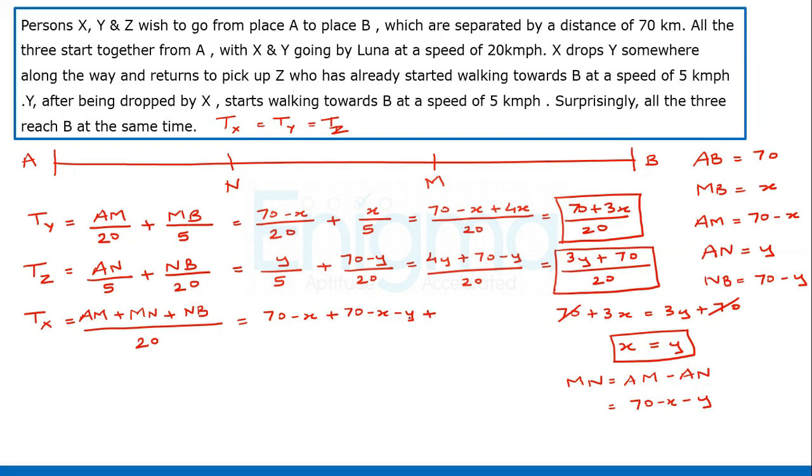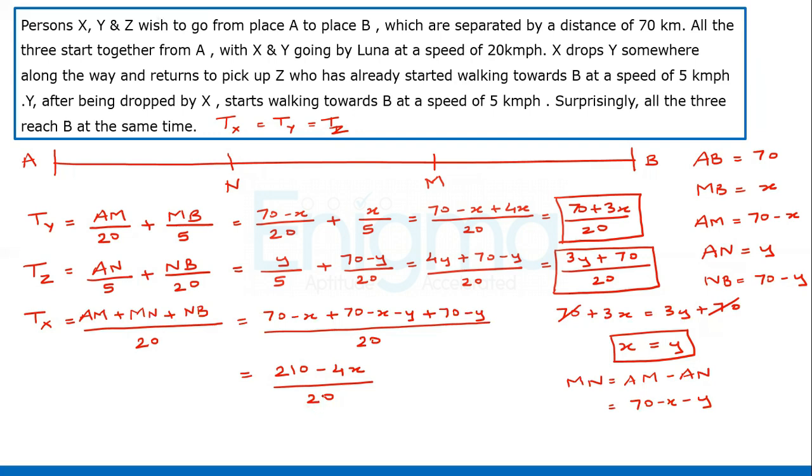Now what is NB? NB is 70 minus y upon 20. Now we know that x is equal to y. So therefore, simplifying this, we can get the equation as 210 minus 4x upon 20. So we get time of X as 210 minus 4x upon 20.